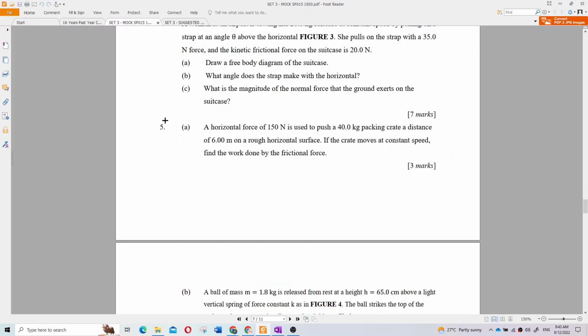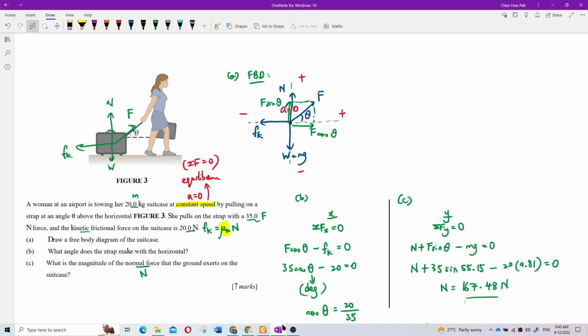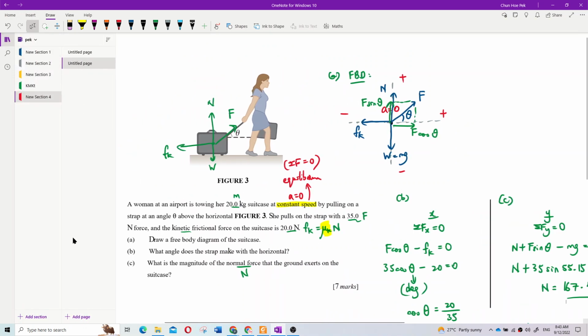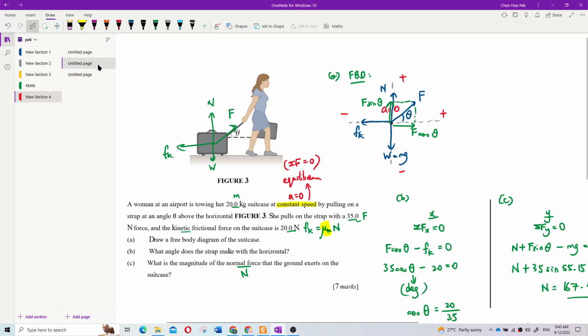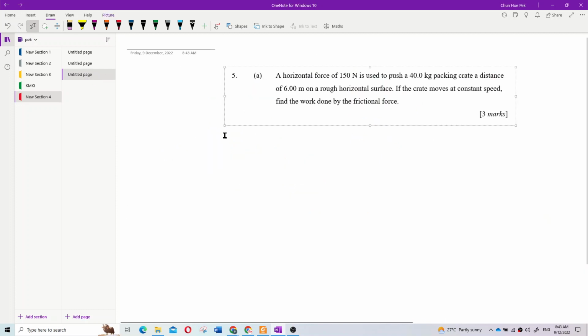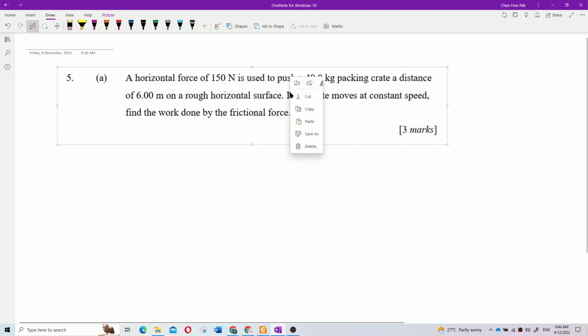We'll screenshot this one, and this one, and I will put it over here. I want to do a comparison between these two. Sometimes if you don't see them side by side, it is very hard to see. Now I want to show the difference between chapter 3 and chapter 4.